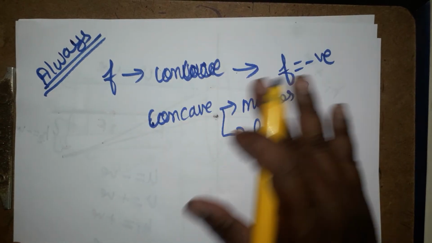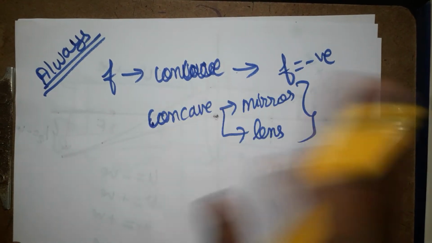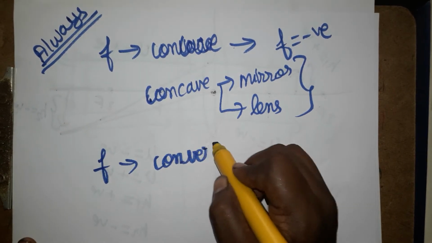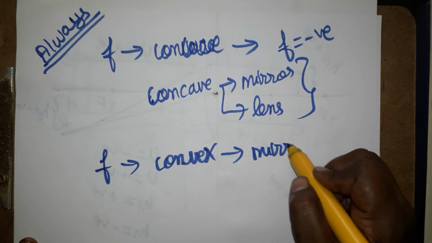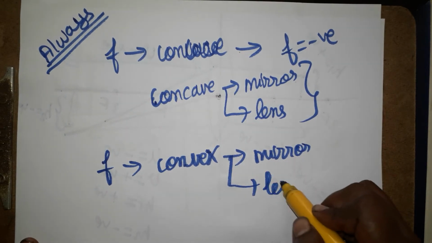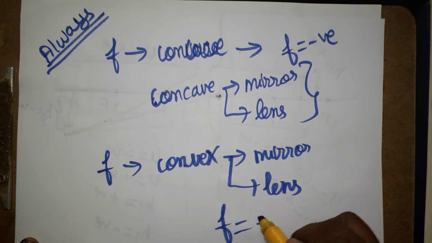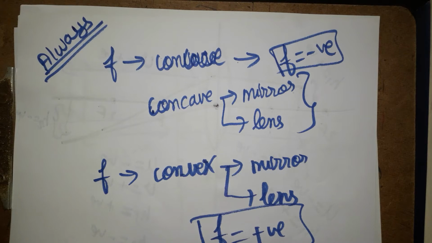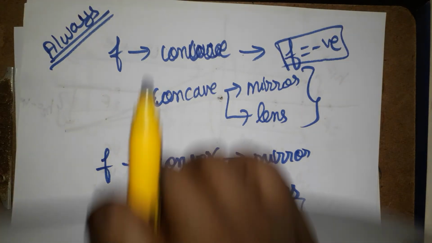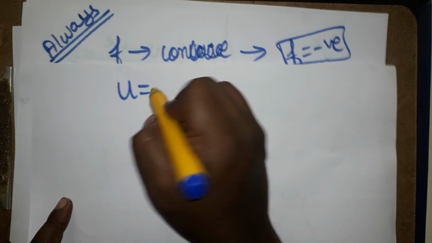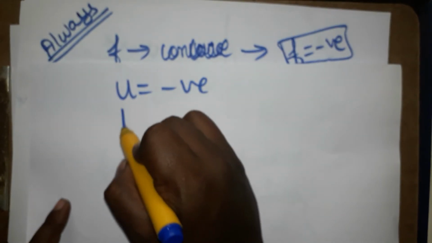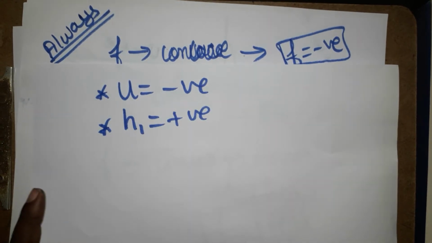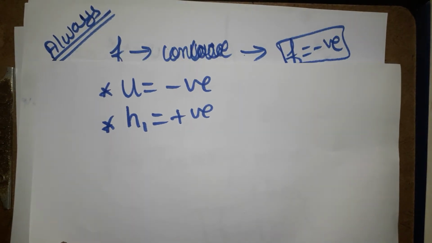It is fixed. For a concave lens or concave mirror, the focal length will be negative. For the focal length of a convex, whether it is a mirror or lens, the focal length will be positive. It is a fixed value. Now we are learning which values are fixed in sign convention. Object distance will always be negative, and object height will always be positive. No need to wait for anything, it is always so.